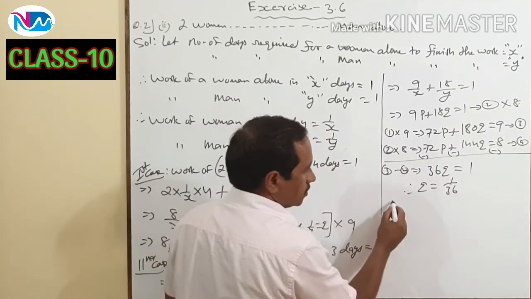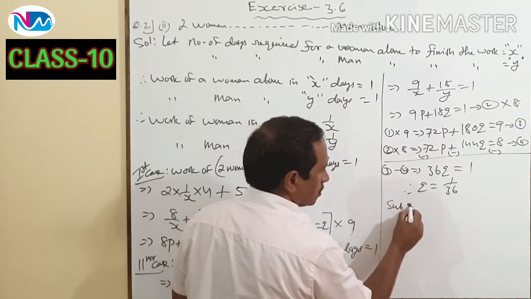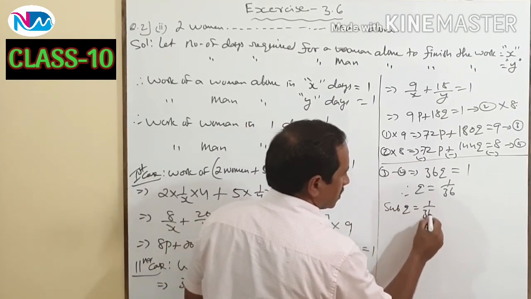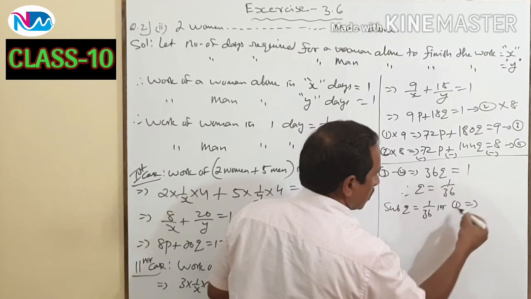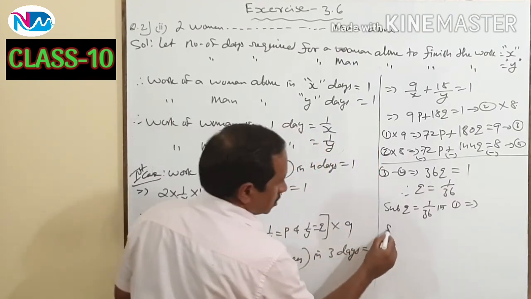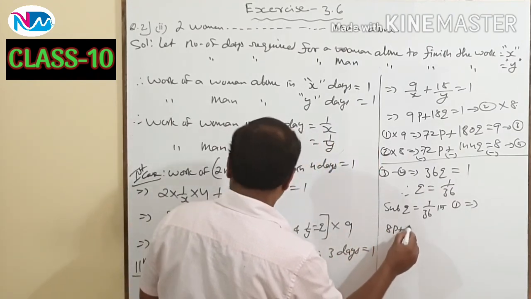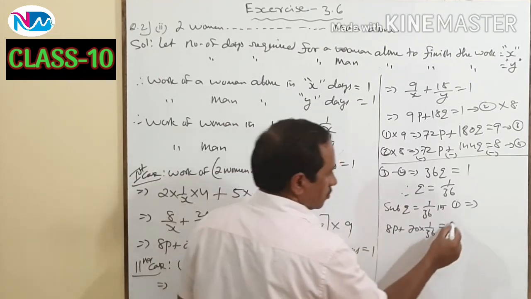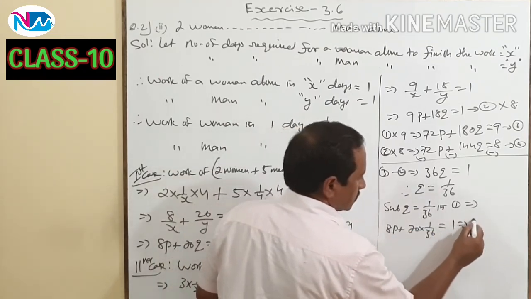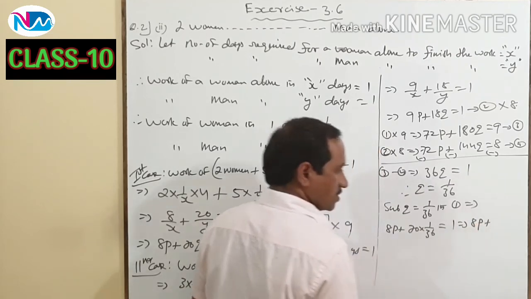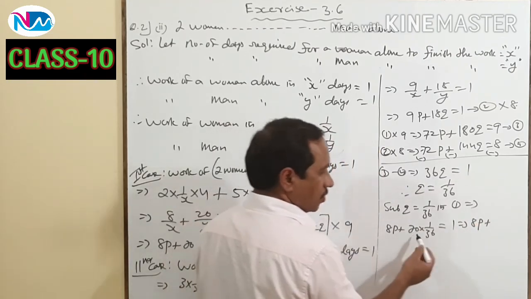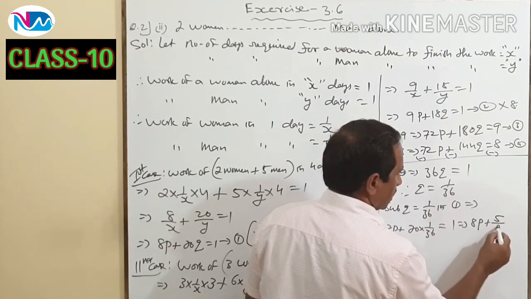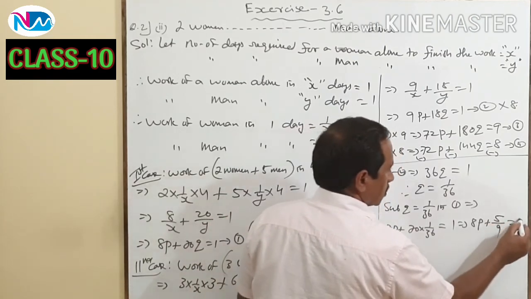Now I substitute q is equal to 1 by 36 in equation number 1, which gives 8p plus 20 into 1 by 36 is equal to 1. We can cancel by 4, and we get 8p plus 5 by 9 is equal to 1.